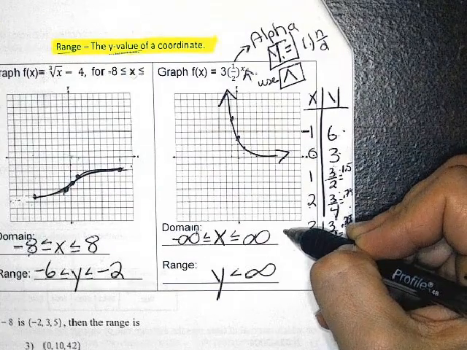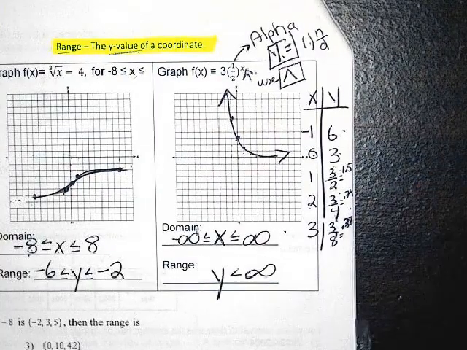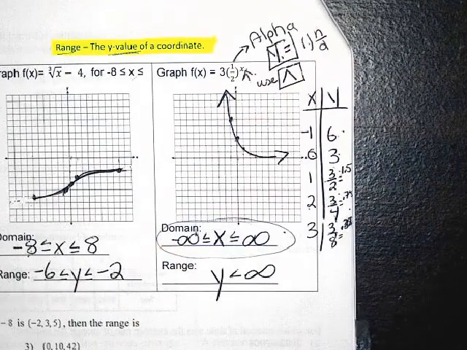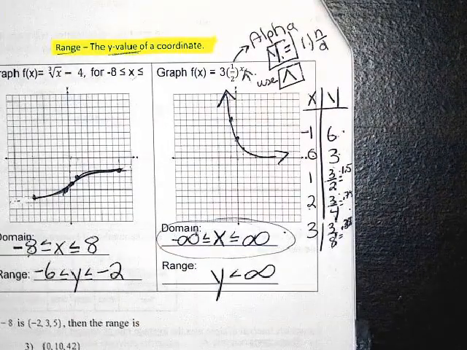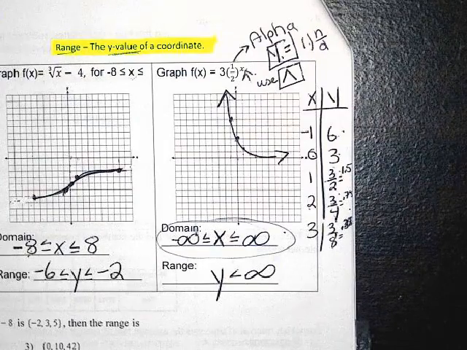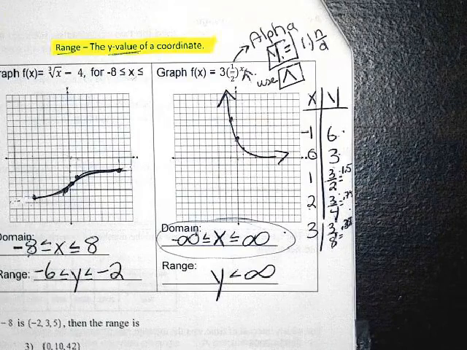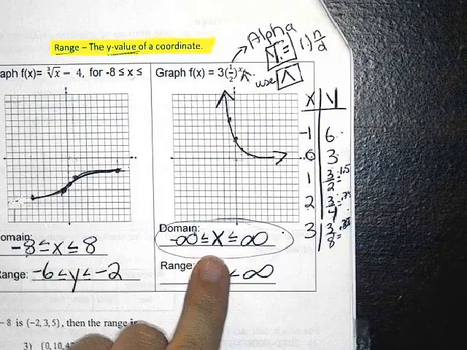Anybody find it? You put a negative in front of the infinity on the left-hand side. It's x, and then a less than or equal to. Yeah, I have an x and a less than or equal to.